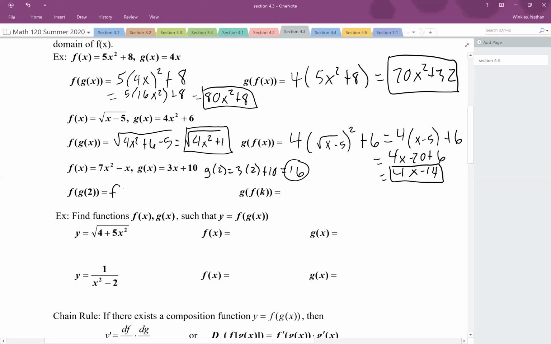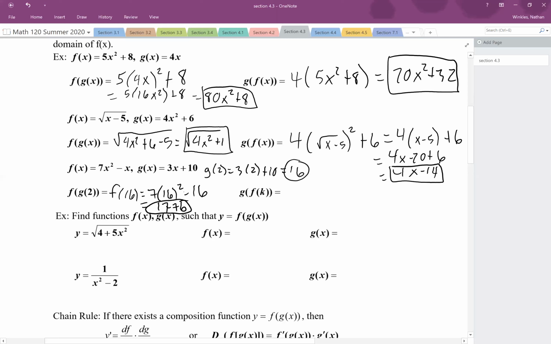So really this is saying find f of 16, which is 7 times 16 squared minus 16, which if we pull up our calculator, 16 squared is 256 times 7 is 1792 minus 16. So we get a beautiful year, if we think about that, of 1776.